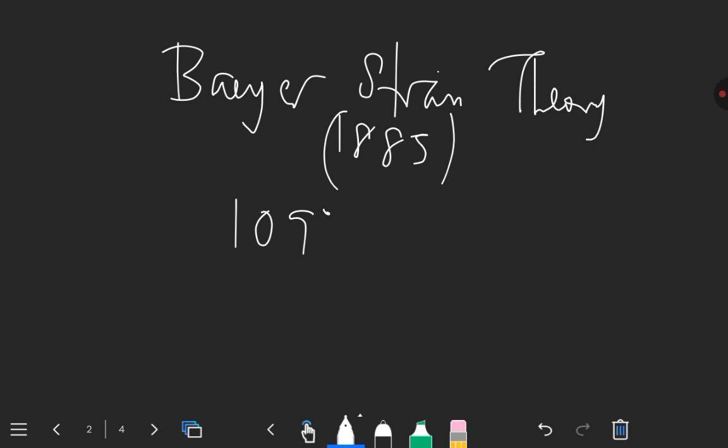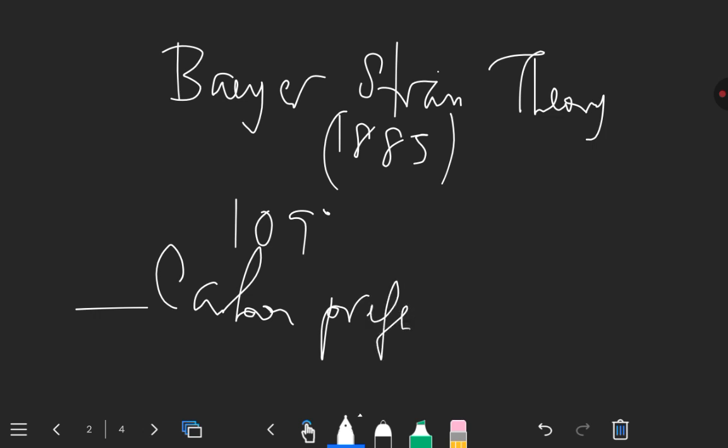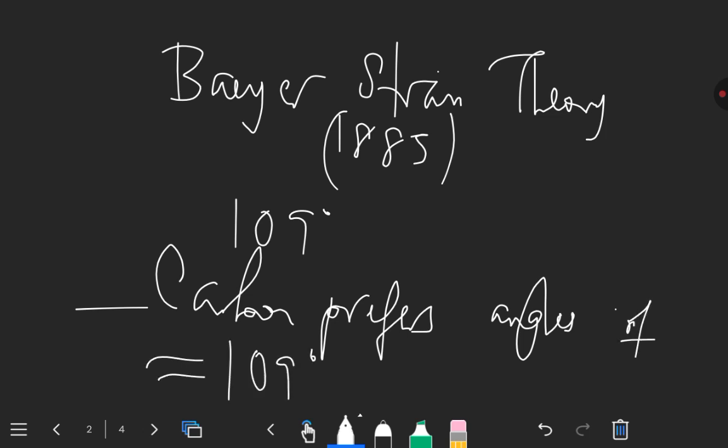So under this theory, we are saying that carbon prefers angles of approximately 109 degrees, and ring sizes other than 5 and 6 may be too strained to be in existence. So that is one thing we must understand about this theory.